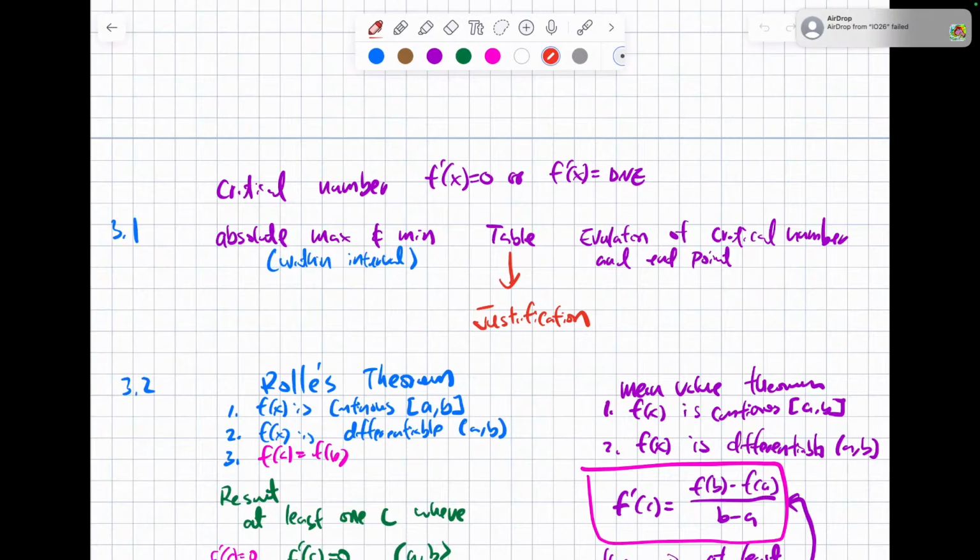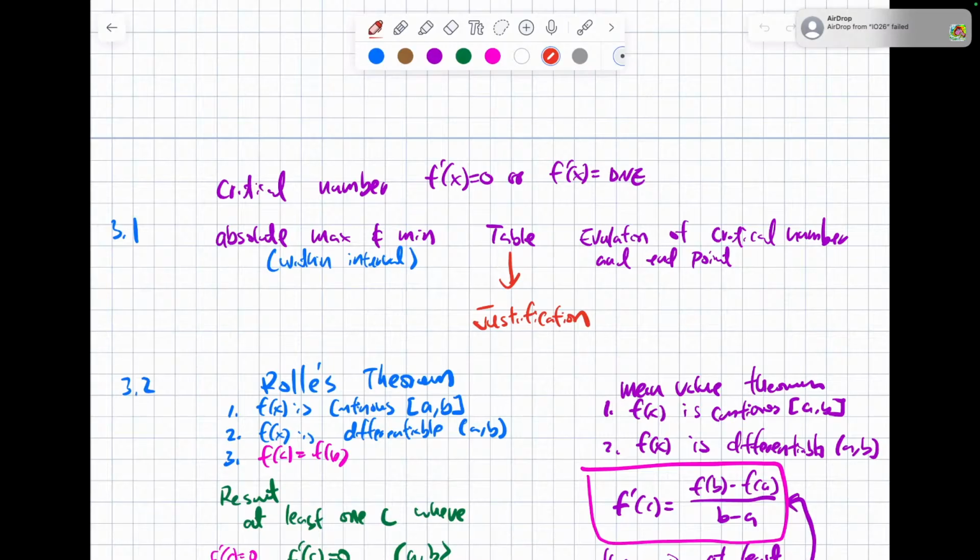So this is a possible inflection point until proven. You cannot say f double prime equal to 0 is automatically an inflection point. We have examples where it doesn't work like that.